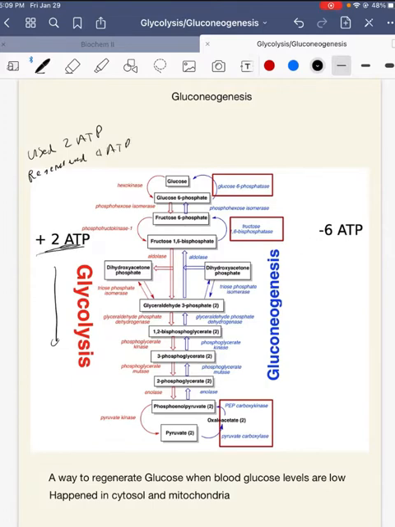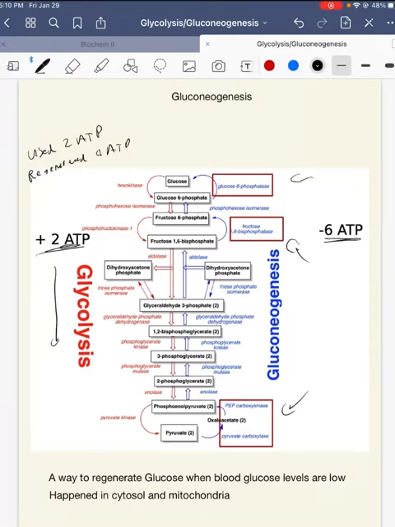Okay, so to go back from pyruvate to glucose, the cell actually wastes 6 ATP when it does this. So most of the enzymes, remember we said in glycolysis all of the enzymes are reversible except for 3: hexokinase, PFK, and pyruvate kinase. So gluconeogenesis runs all the enzymes the same except for these 3 boxes over here.